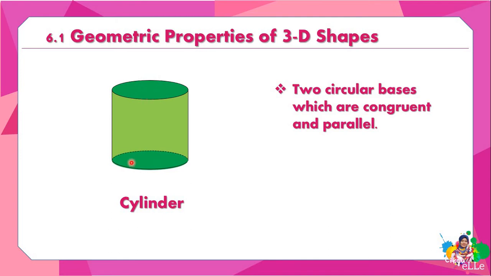They have circular shape which are congruent, means that they have same size and same shape, and they are parallel. A cylinder has one curved surface, so this side is curved surface.